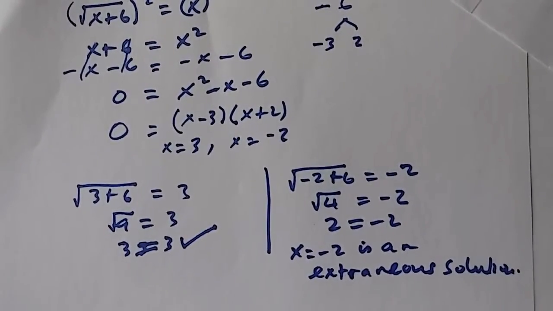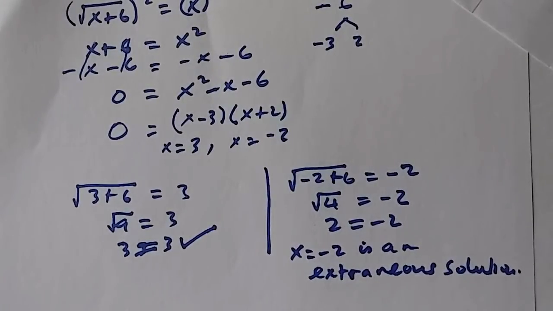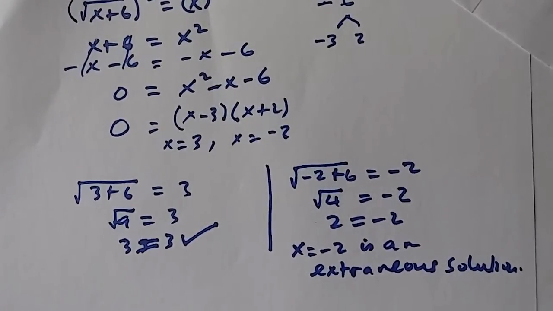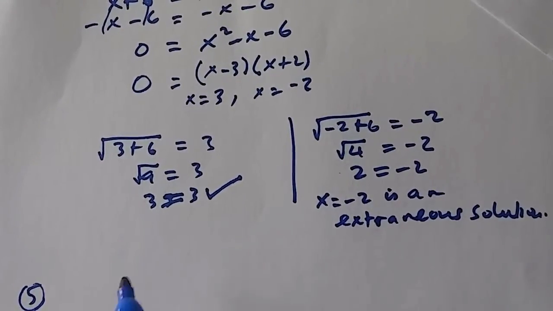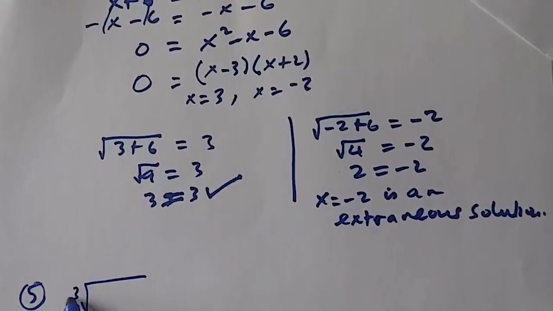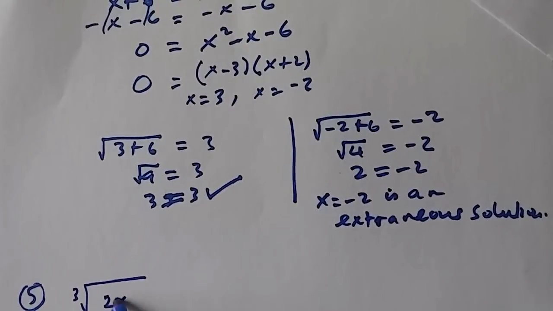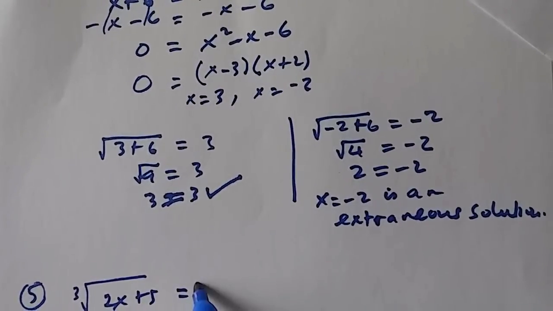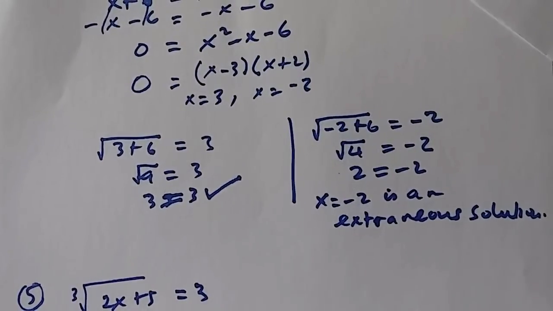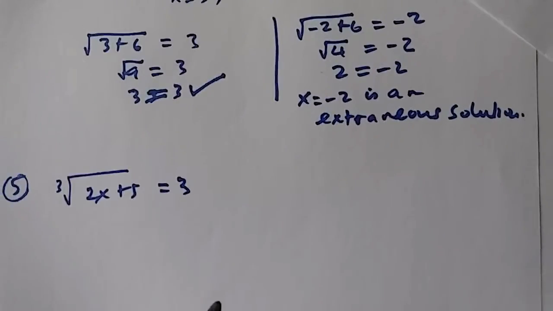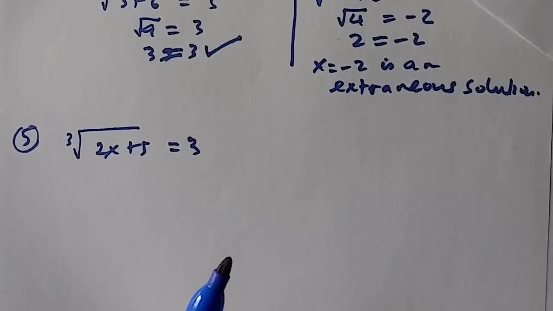Okay, now we're going to do one with a cube root. Here is our last example with a cube root. So we have cube root of 2x plus 5 equals 3. Okay, this is a cube root, it's not a square root. So instead of taking the square of both sides, we will take the cube of both sides.